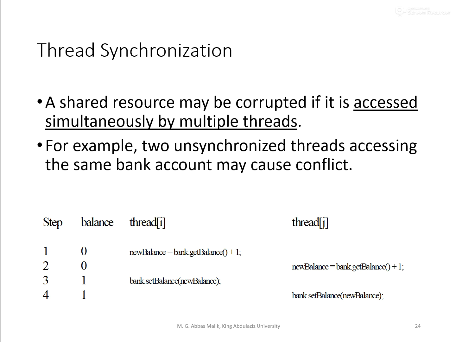So let's say we have a program in which we maintain a variable called balance, like the balance of a bank account. And we are allowing multiple threads to change that bank balance.